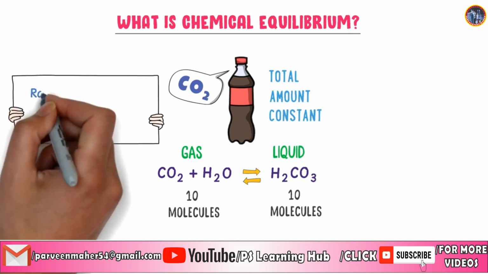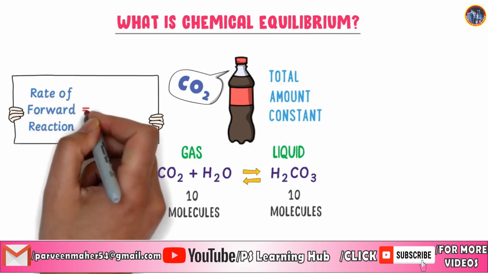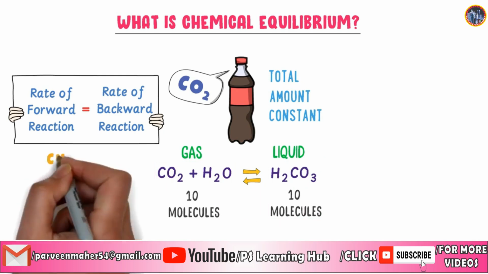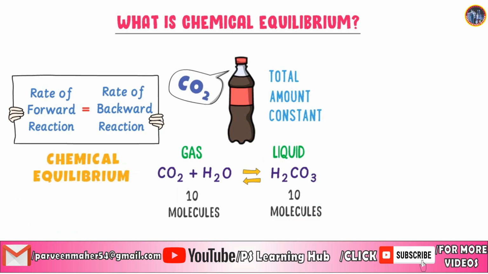Here we say that the speed of forward reaction is equal to the speed of backward reaction, because 10 molecules of carbon dioxide gas convert from gaseous state to liquid state and 10 molecules convert from liquid state to gaseous state. Hence this point is called chemical equilibrium.